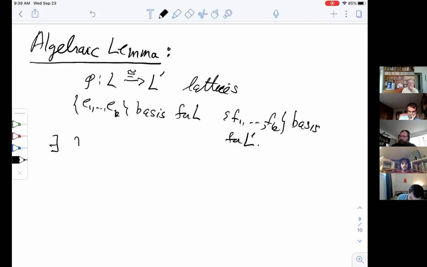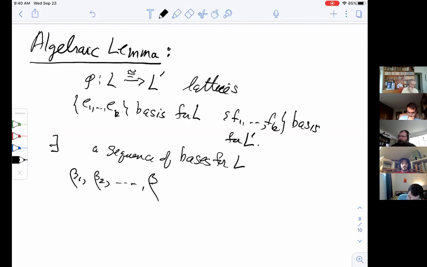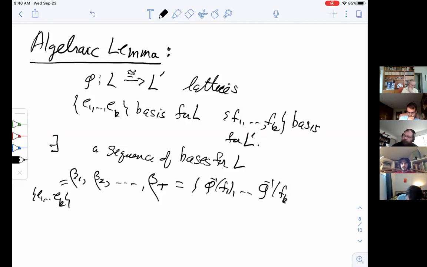Then there exists a sequence of bases for L, the domain, beta 1, beta 2, up to some beta t. The first one is the given basis E1 up to EK, and the last one is the pre-image, phi inverse of F1 through phi inverse of FK.